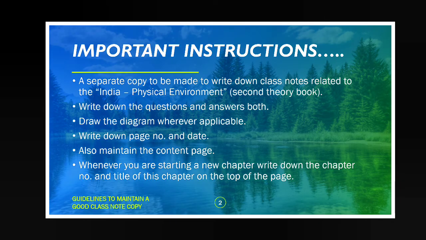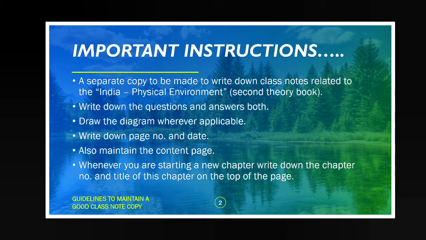So before going to the direct revision of this chapter, here are some instructions to maintain a good class note copy, and how to prepare and how to write, etc. First of all, you know very well, you have to make three copies. One is for theory 1, another for theory 2, another for practical.